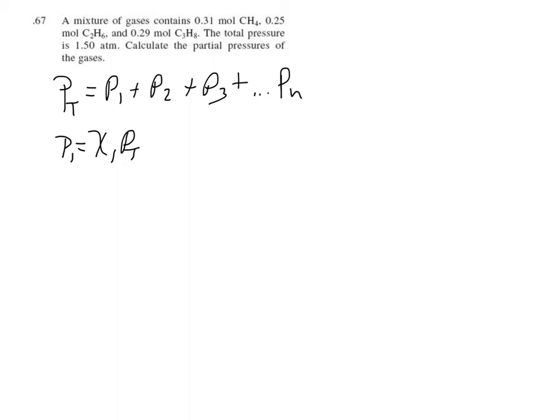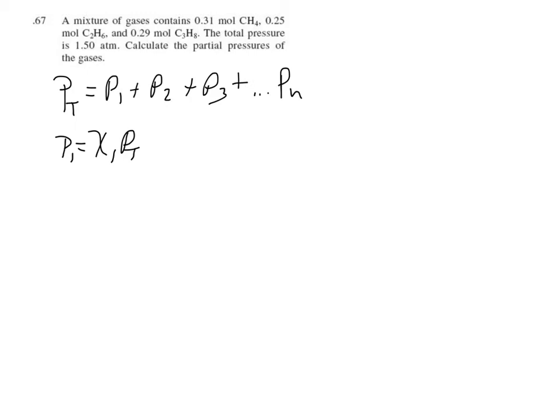So P total is equal to the pressure from gas 1 plus the pressure from gas 2, up to P n. Another way to look at this is the total pressure times the individual fraction of the gas gives you the individual pressure of the gas. So that's P1 is equal to chi1 times P total, and you can do that for all the different gases that you have.